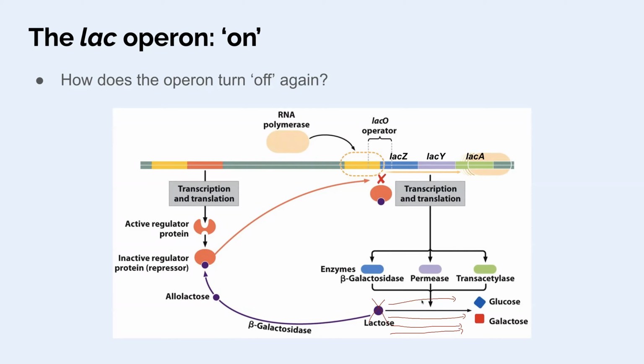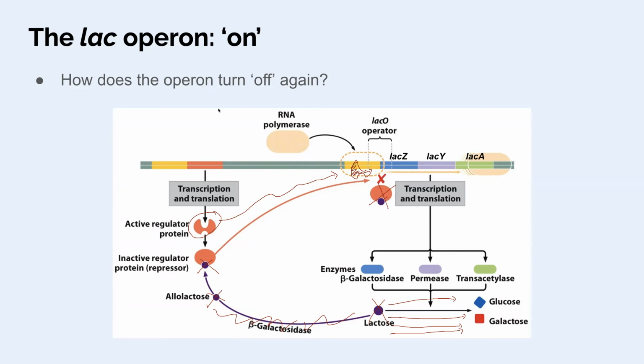It's going to be used up and turned into other forms of energy. So that absence of lactose means that this form of the repressor doesn't exist, and instead the form that is able to bind to DNA exists, and it's going to get in there and stop transcription.